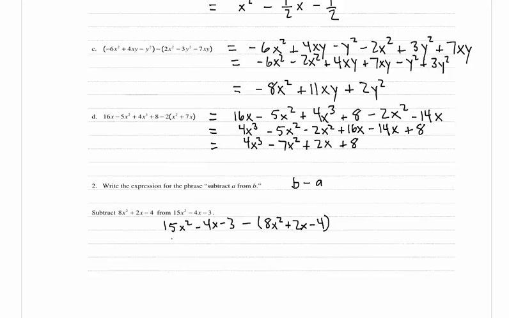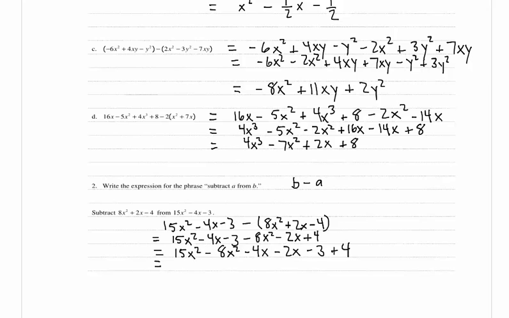So now this is equal to 15x squared minus 4x minus 3. And now I'm going to distribute my negative. So I have minus 8x squared minus 2x plus 4. And now I'm going to group my like terms. So I have 15x squared minus 8x squared minus 4x minus 2x minus 3 and plus 4.